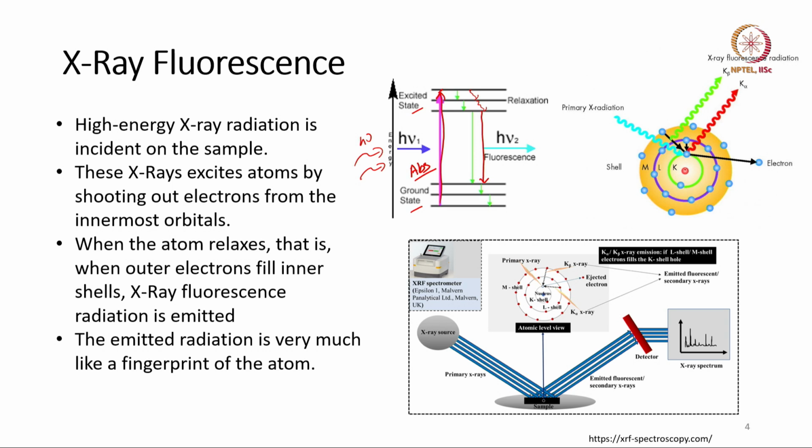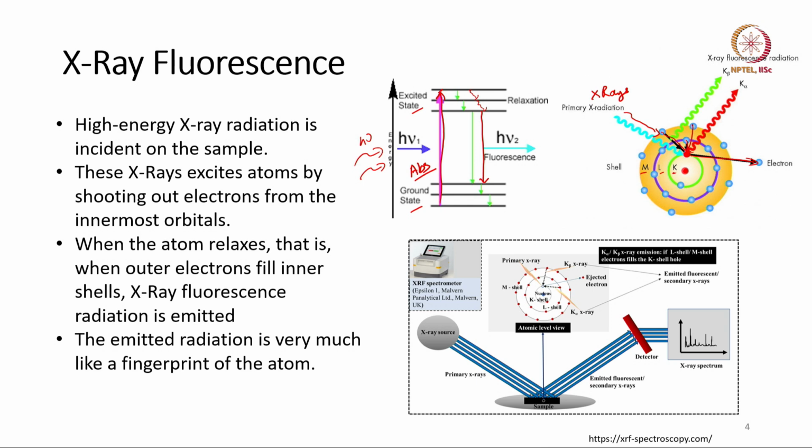When we have this atomic model, we have the nucleus and the shells K, L, M, N. We have the X-ray radiation, the primary X-rays, which fall onto our sample and knock off the inner shell electrons. For example, the electron in the K shell is knocked out and a vacancy is created. Now, electrons from the outer shell, like the L or M shell, tend to fill that void.